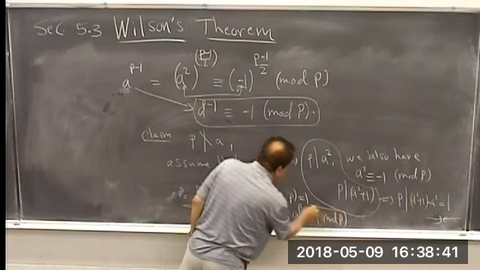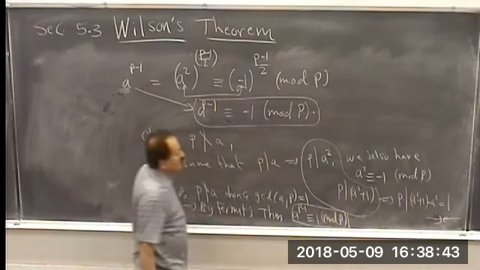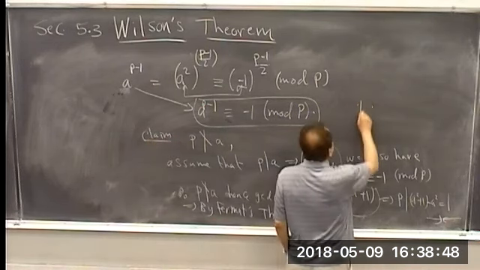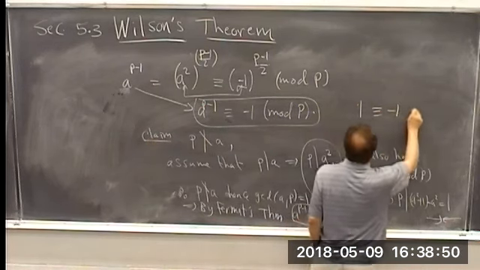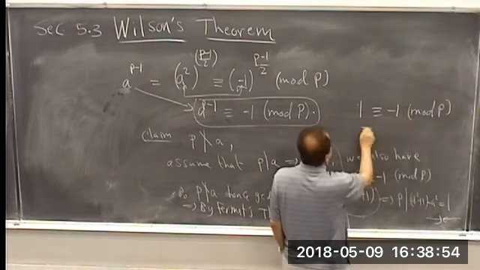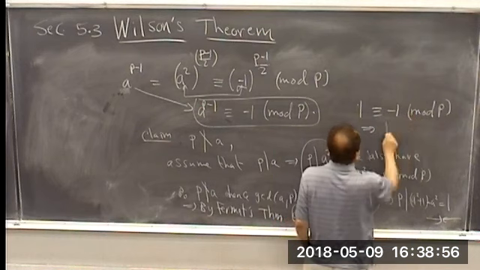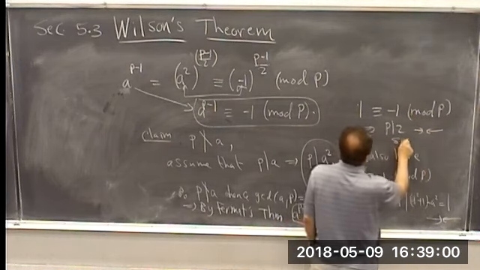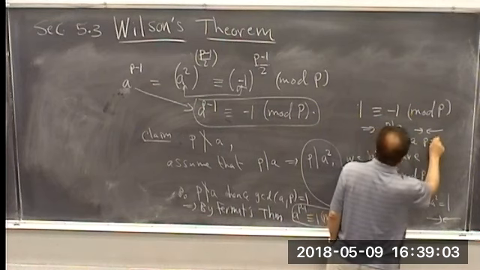And the Fermat congruence implies that 1 is congruent to negative 1 mod P. And this implies actually P divides 2. And again, a contradiction since P does not equal 2.